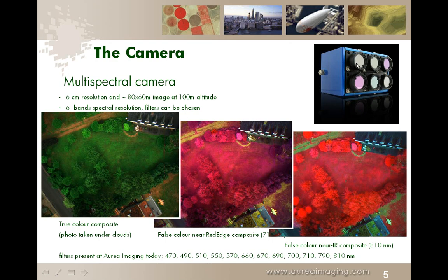It's the blue one, the green one, and the red one, which gives you the true color composite, the regular colors. Then below we have two near-infrared ones, one of 690 nanometers and another of 710 nanometers. And the last one is the infrared one. This is the infrared picture, and this is the one combined with near-infrared.